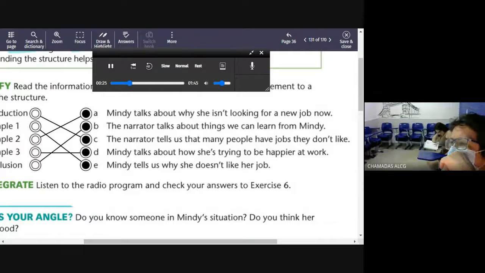Does that sound familiar? But Mindy, like some others, is trying to change her situation. What is she doing about it? Yeah, my job isn't making me happy. But I'm trying to be more positive about it. I'm trying to make more friends at work and make the office more fun.